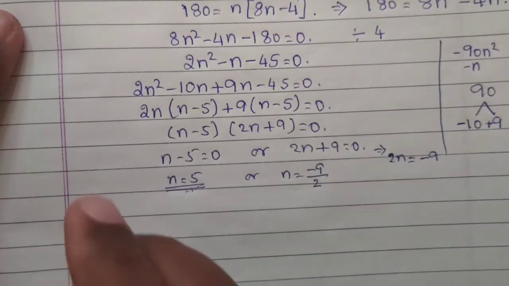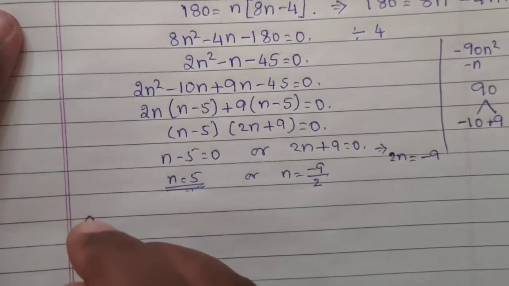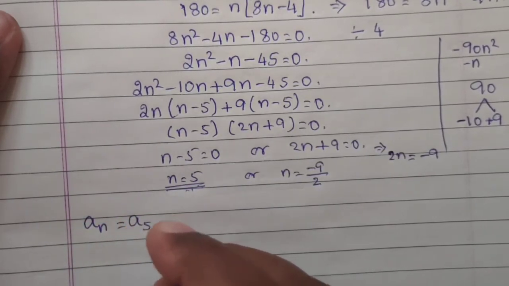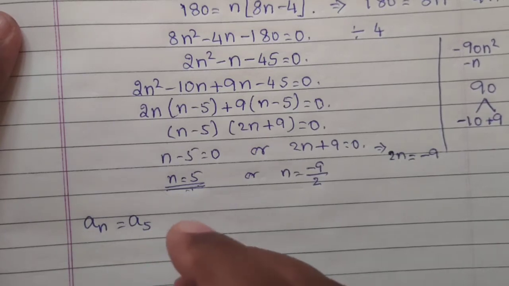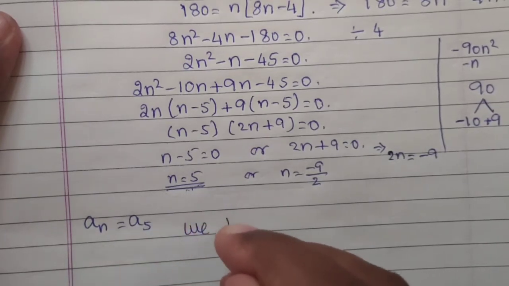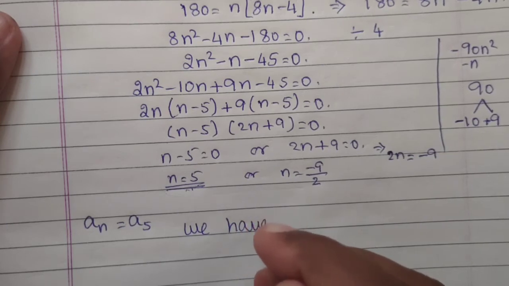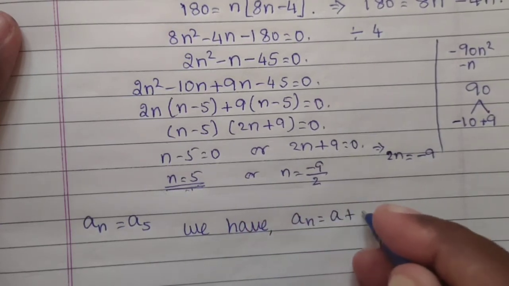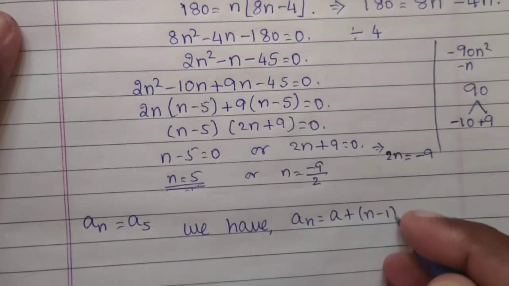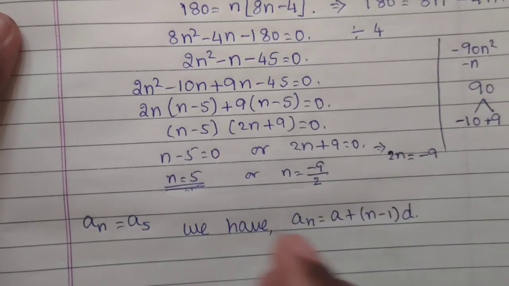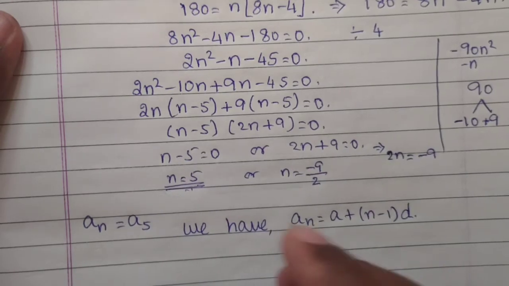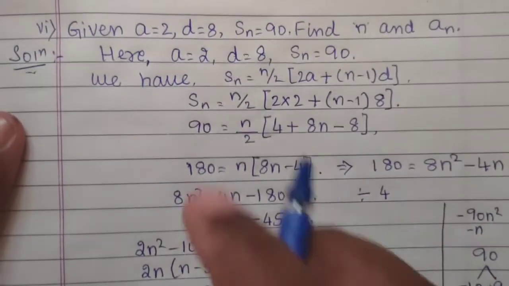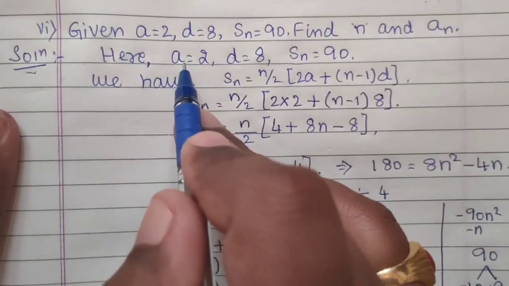Next we have to find the value of a5. For that we have to write the nth term formula. We have an is equal to a plus n minus 1 into d. Value of n is 5. The value of a is 2 and the value of d is 8.